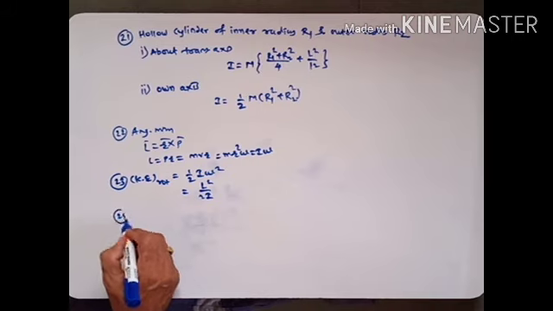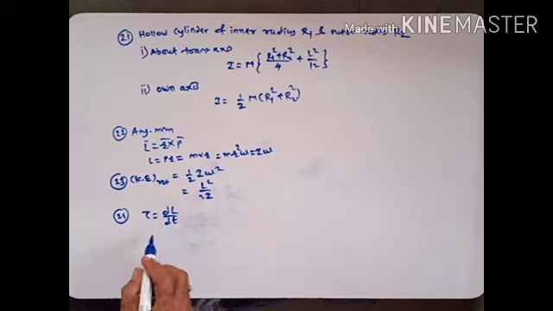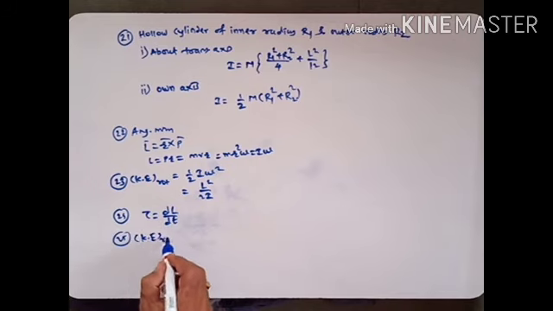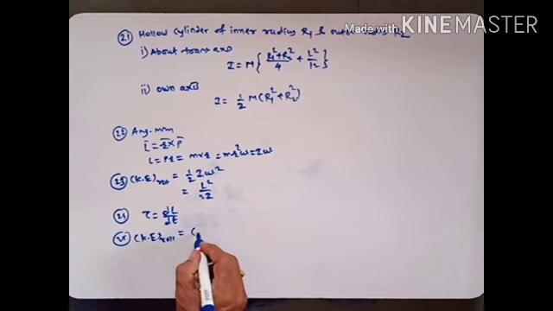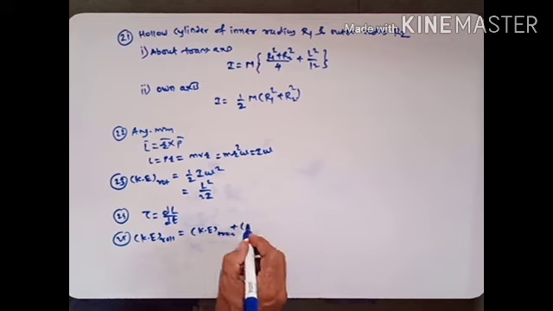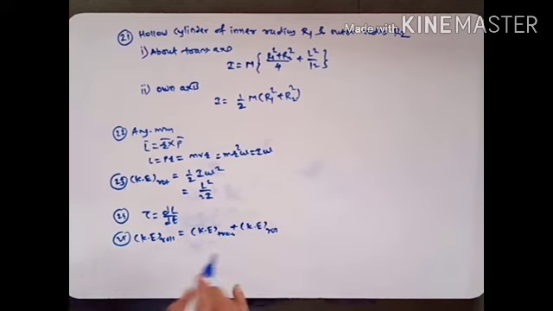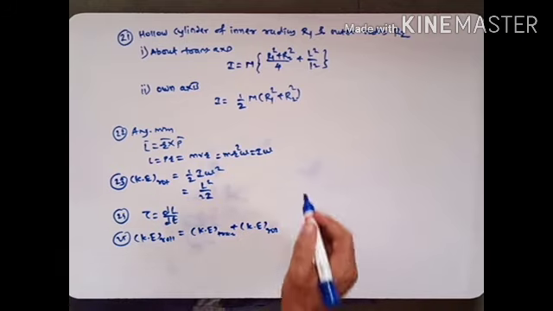Also, point number 24, torque is equal to dL by dt. Point number 25, kinetic energy, rolling is equal to KE translational plus KE rotational. You put all the values depending on the case.